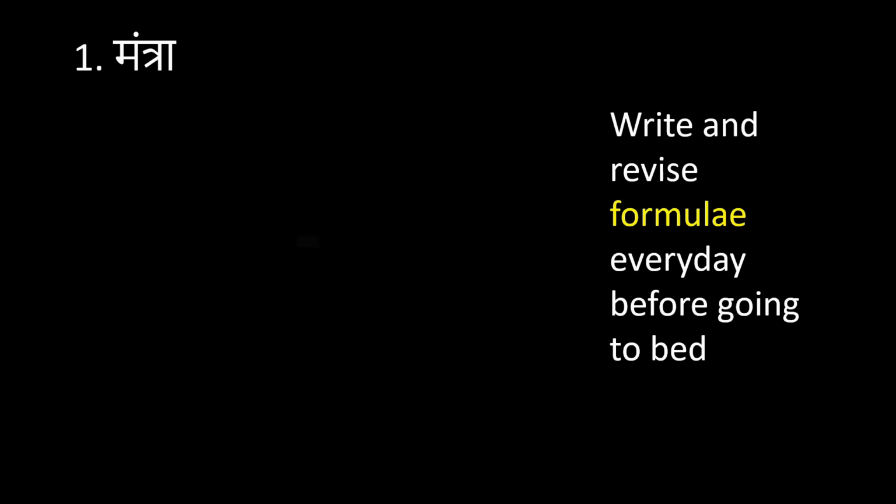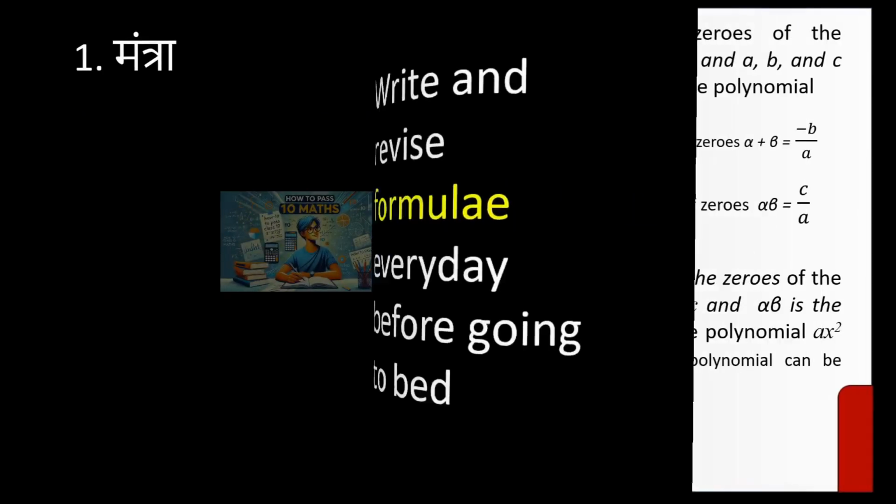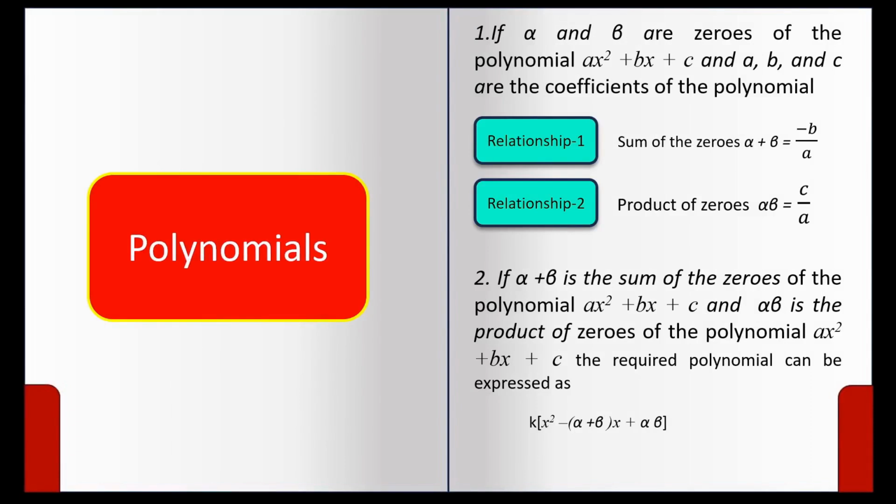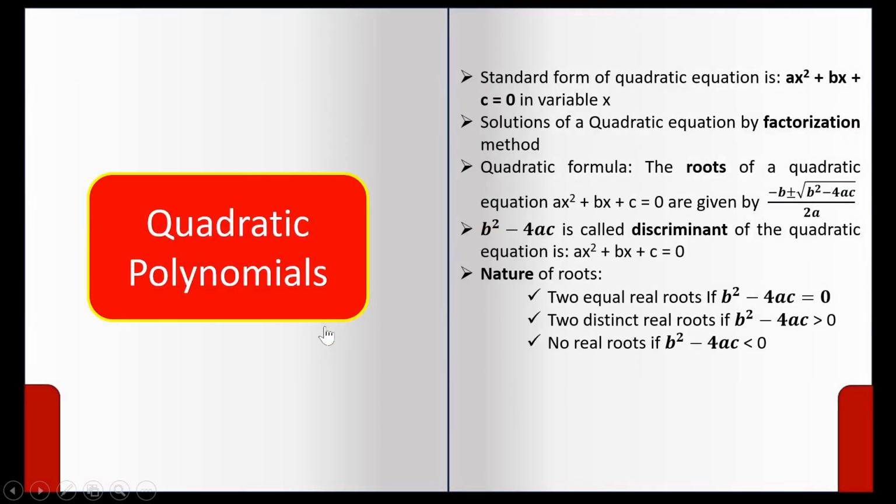As a sample or example, here we are displaying on the screen some formulas related to some of the chapters. You can see polynomials and these are the formulas related to the polynomials chapter. Similarly, we have the quadratic polynomials chapter and its formulae.